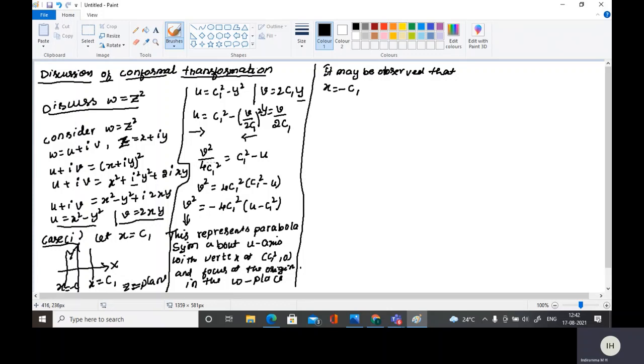Minus 2c1 whole square is plus 4c1 square itself. So x equal to minus c1 is also transformed into the same parabola. We will not get any change.